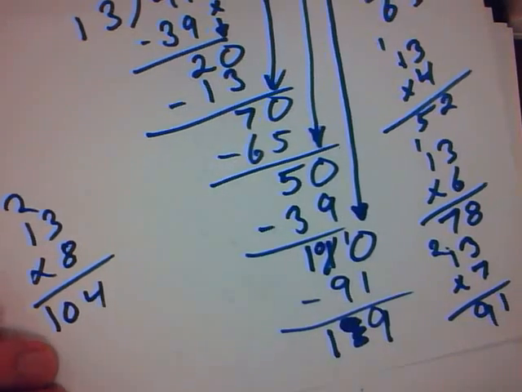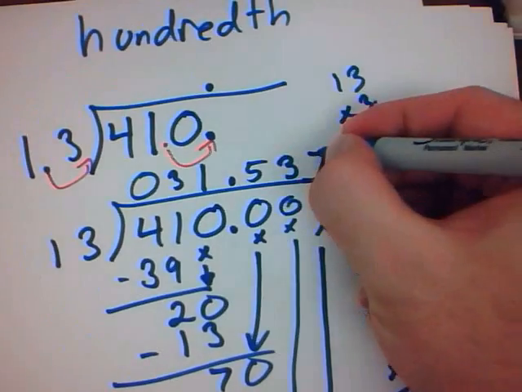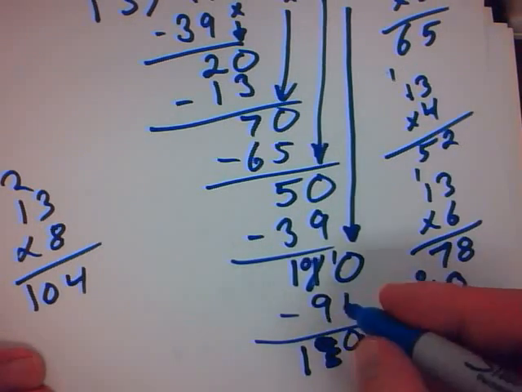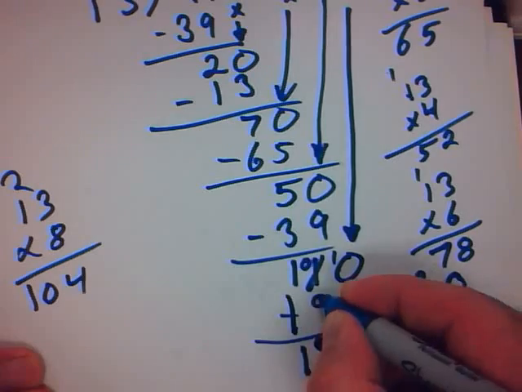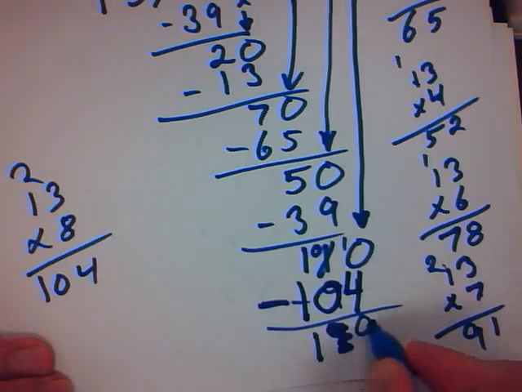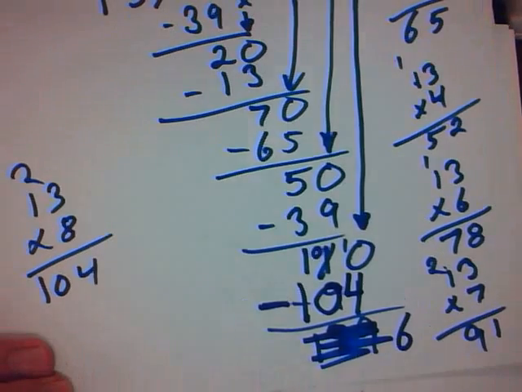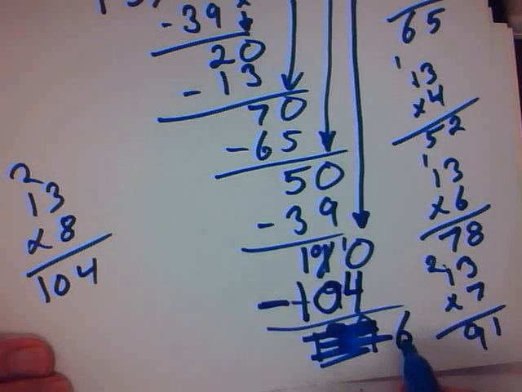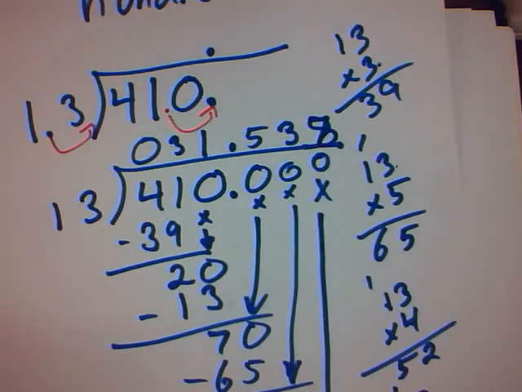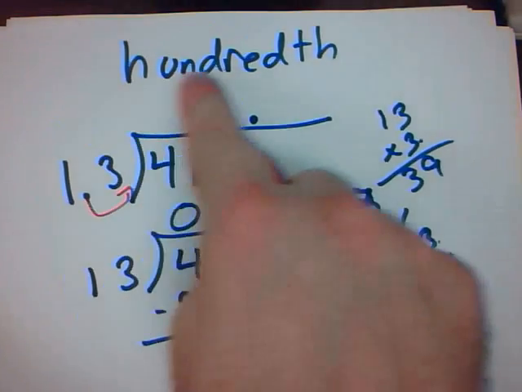See? This is not 7. That's 8. This then becomes 104. Of course, when you're doing this in pencil, it's much easier to fix your mistakes than the mess I've made of this. But, there, I still have a remainder of 6. But I have enough digits now to do my rounding, because remember, I'm rounding to the nearest hundredth.